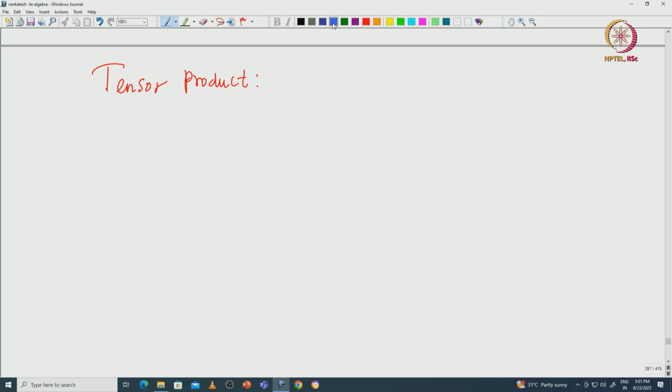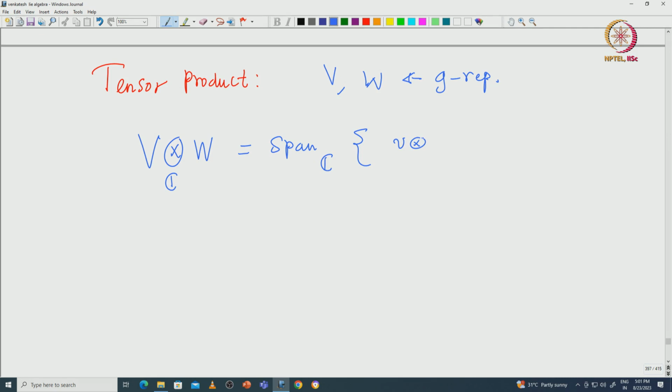So, what is tensor product? If I give you V and W, two G representations, then I can talk about this V tensor W over C. Note that this will be the span over C of all these simple tensors v tensor w, where v is coming from capital V and w is coming from capital W. And of course, tensor product is defined using some universal property and so on.